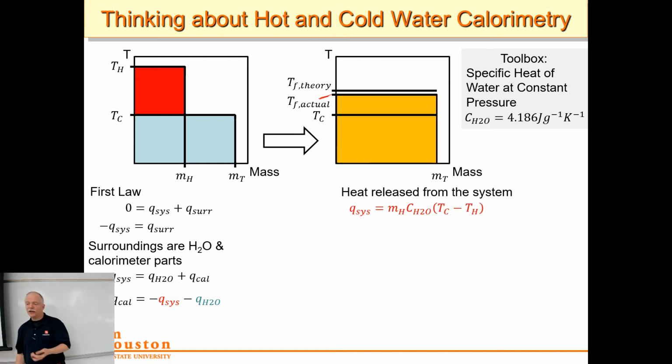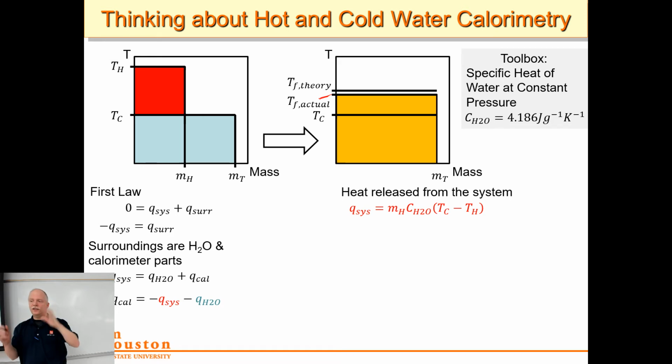And so we can calculate the heat released from the system. So how much hot water did we have? It's going to come down to the final temperature. And if we take all of that excess heat, so we have the cold temperature and then we have the hot temperature, and that difference is the excess heat.